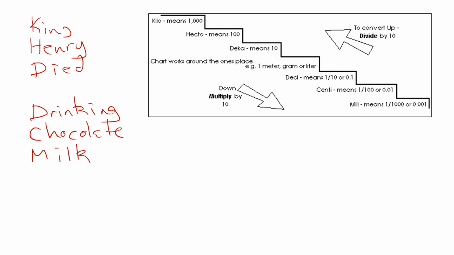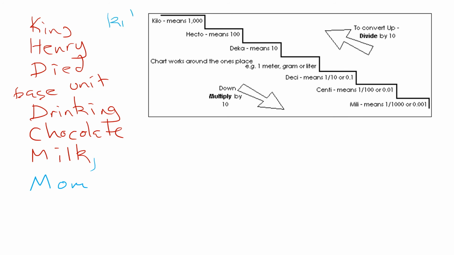Kilo, hecto, deca. Here is our base unit, either gram, meter, or liter. Deci, centi, milli. If you wanted, you could even throw in Mom, and that little M down there could be your micro as well.